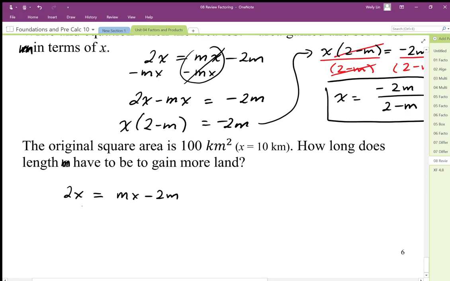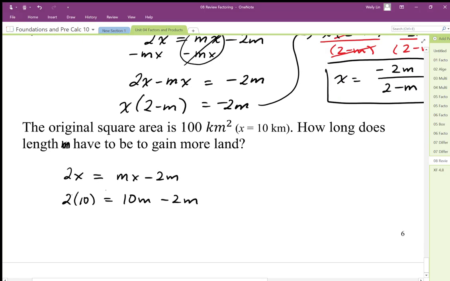So I'm going to rewrite this, knowing x is 10 kilometers. So there's our equation when it's equal. And we want to gain more land. That means that the lost must be less than the gained. And then we can solve for m here.